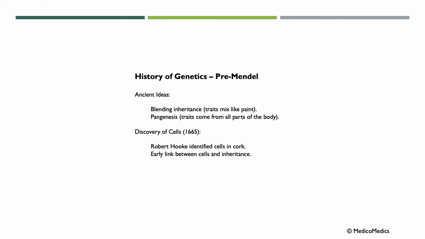Now, before modern science, people thought that traits blended together like mixing colors. But it wasn't until the discovery of cells that we got our first clues to start understanding heredity correctly. Because, for example, the blending inheritance theory couldn't explain trait reappearance. And pangenesis was the idea that small particles from the body would transfer traits to our offspring.